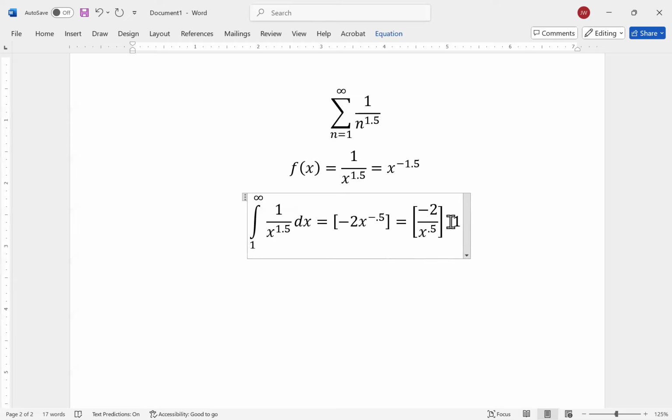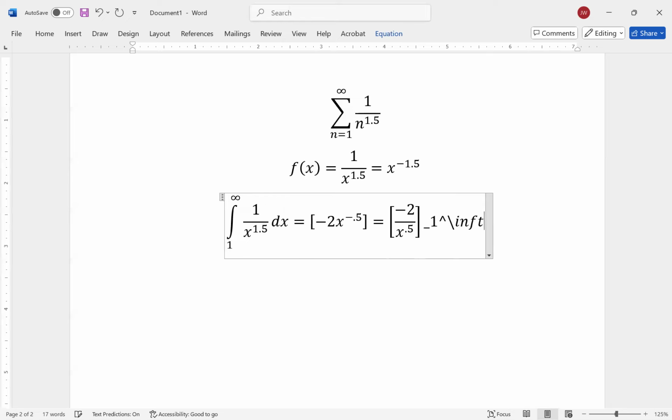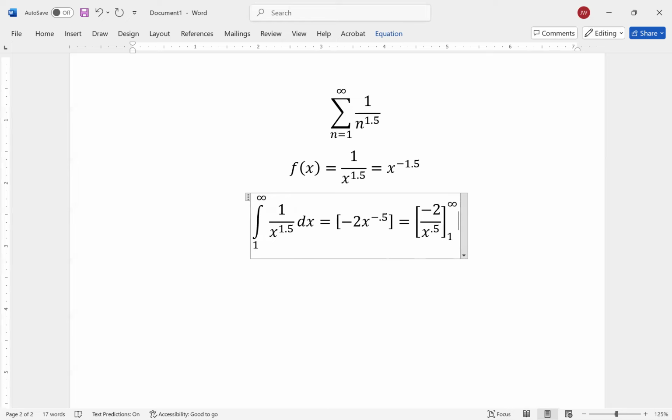We're going to do this integration from 1 to infinity. When I take the limit as x goes to infinity, this denominator goes to infinity. So the limit of that thing is 0 when I take the limit as x goes to infinity.